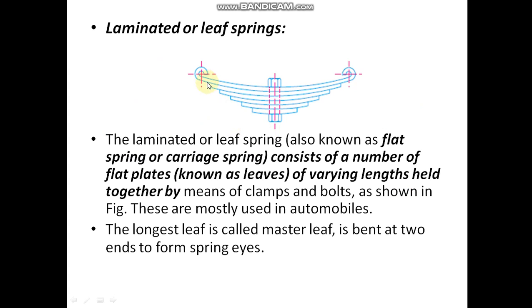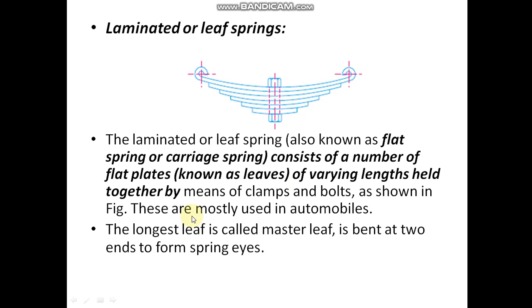Laminated or leaf springs are used in heavy duty trucks. Laminated or leaf springs, also known as flat spring or carriage spring, consist of a number of flat plates known as leaves. These are flat plates of varying length held together by means of clamps and bolts, as shown in figure.